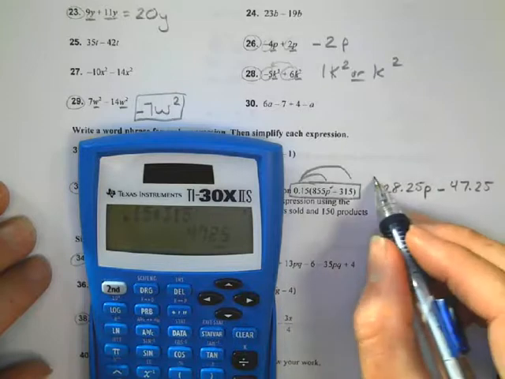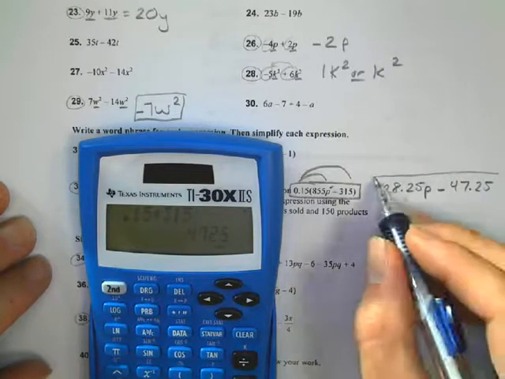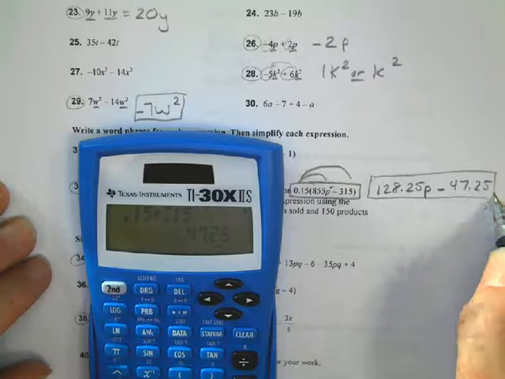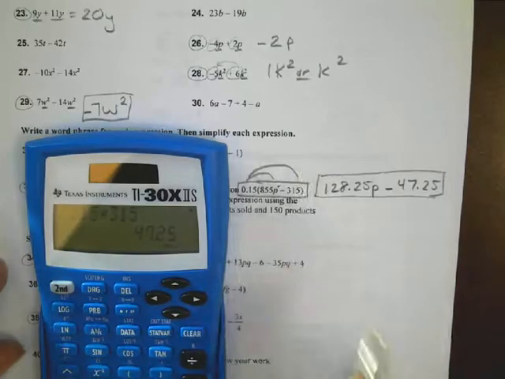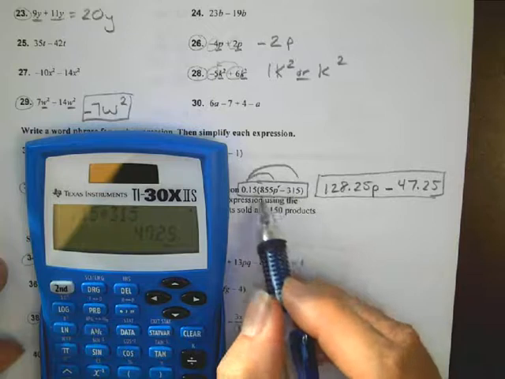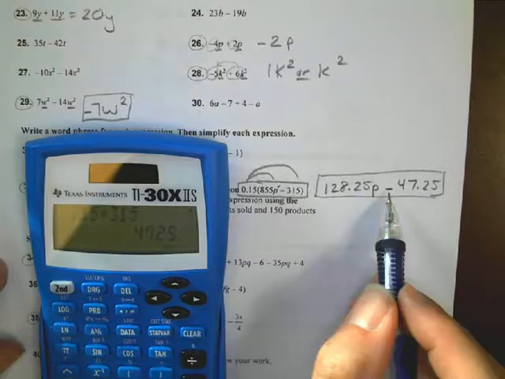So that's the equation written using the distributive property. So what we've done is we've taken this and we've distributed the 0.15 through each portion of that and rewritten it as so.